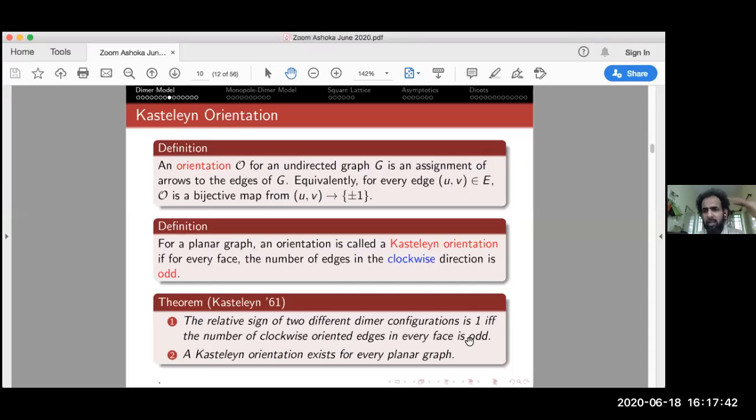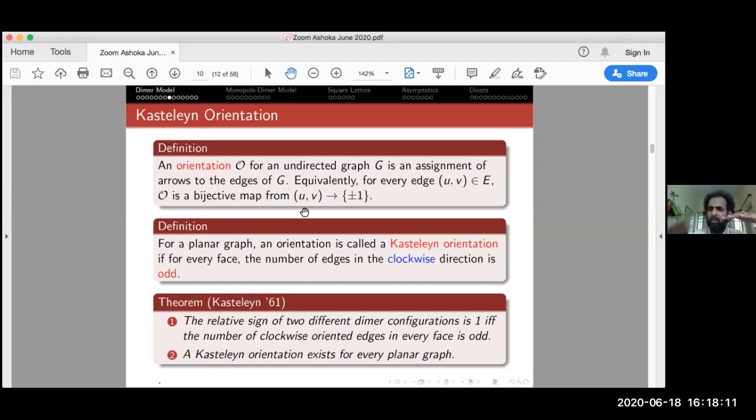But for a planar graph, you can define a special orientation, which is now known as the Kasteleyn orientation, in which for every elementary face, the number of edges as you go clockwise around the face is odd. I'll illustrate this with an example in a second. But the key idea is that this is special for a planar graph because we are talking about faces.